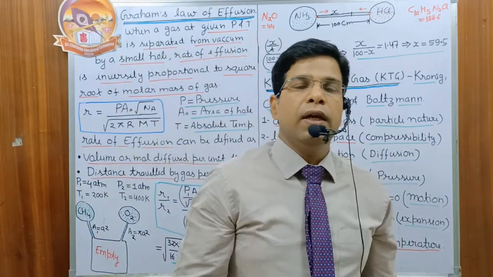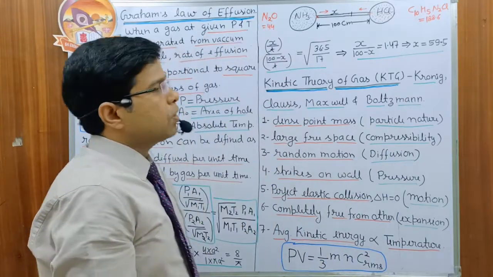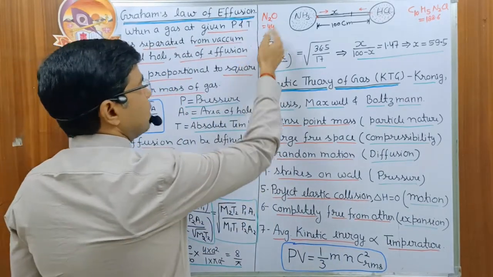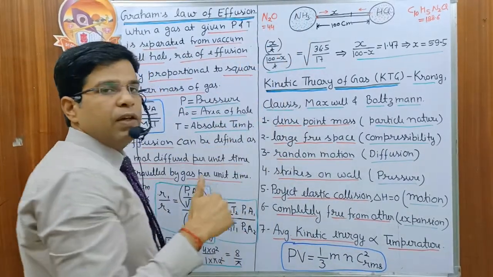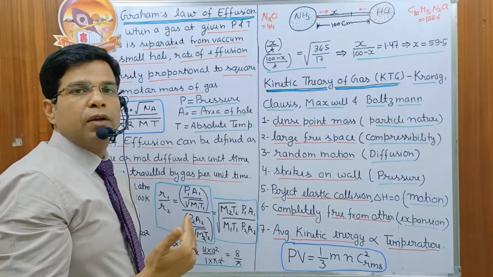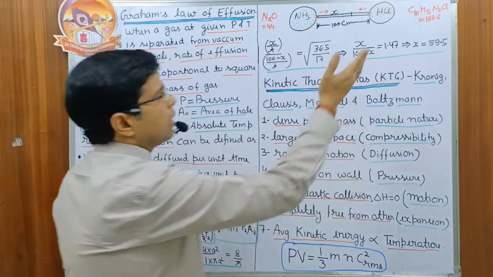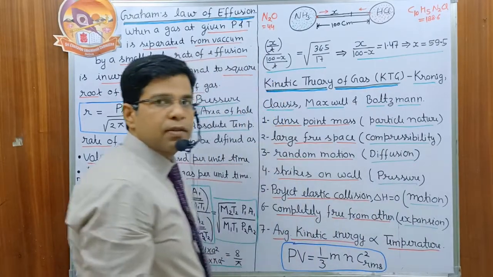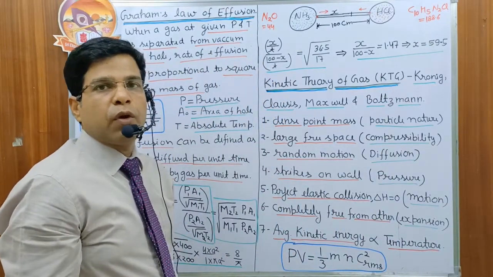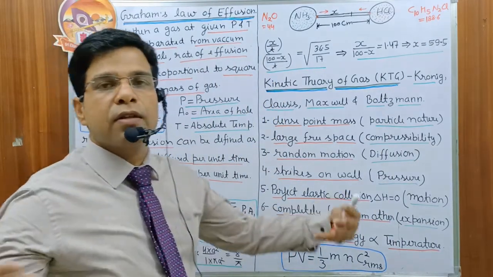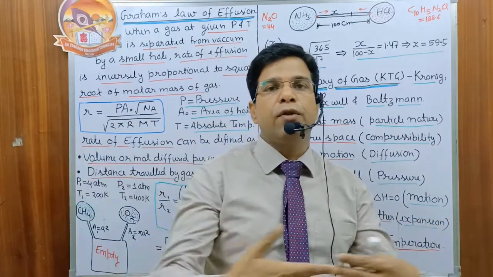The same question can be asked in the way that in the first container we have the laughing gas, N2O, with molar mass 44, and in the second container we have the tear gas with molar mass 188.6. Both the gases start to diffuse at the same time.